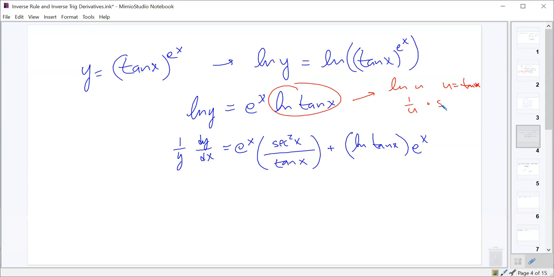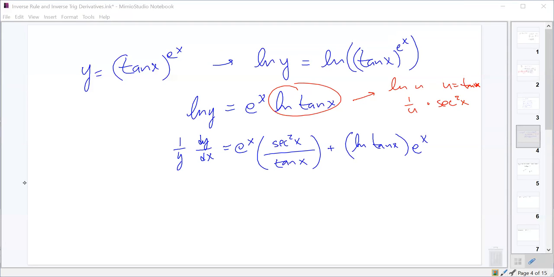Derivative of tangent is secant squared. So it's secant squared x over u, or secant squared x over tangent x. And that's the chain rule on the derivative of natural log of tangent x. Does that make sense or no? Yeah, thank you.